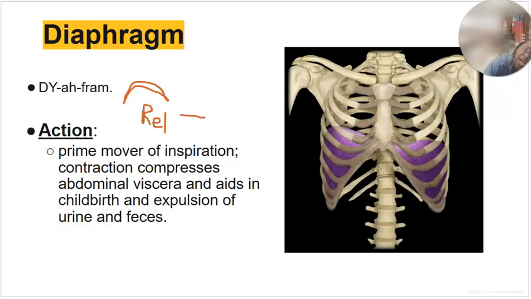And then when it contracts, whether through voluntary movement, because the diaphragm is a voluntary muscle, or through interaction with the medulla oblongata, it's going to flatten out. So this is it contracted.